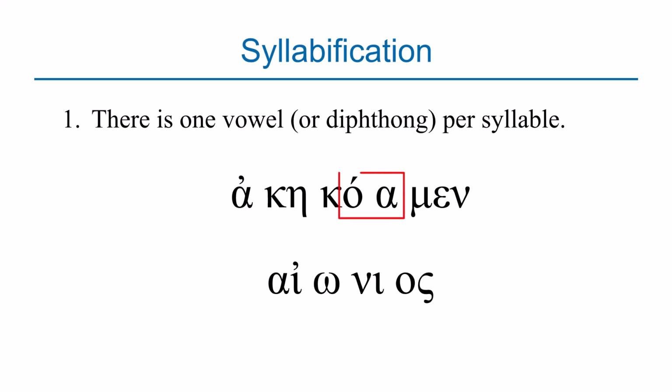You may think omicron and alpha form a diphthong, but even though there are two vowels next to each other, they do not qualify, because you look at the second vowel, and the second vowel here is alpha. A diphthong is formed by having two vowels, and the second vowel must always be iota or upsilon.